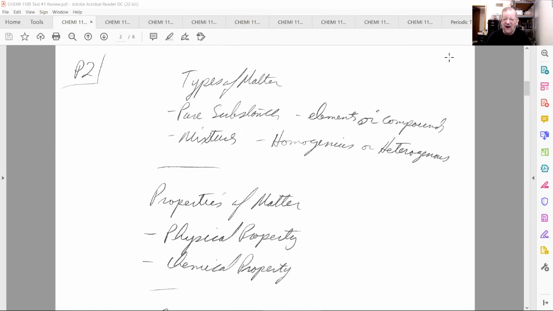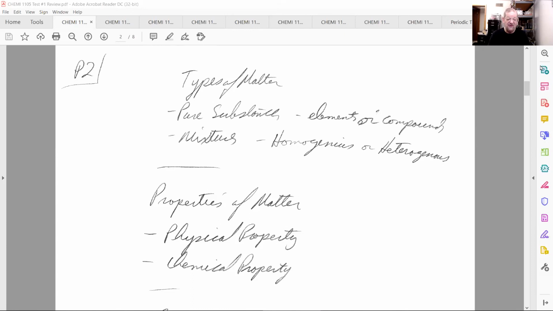Next, I talked about types of matter, and we have pure substances and mixtures. And for pure substances, we talk about the elements are pure and compounds. Example, if you had water or sodium chloride, salt, that would be a pure substance, assuming it is pure.